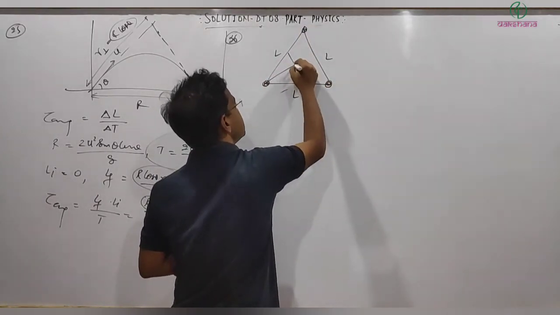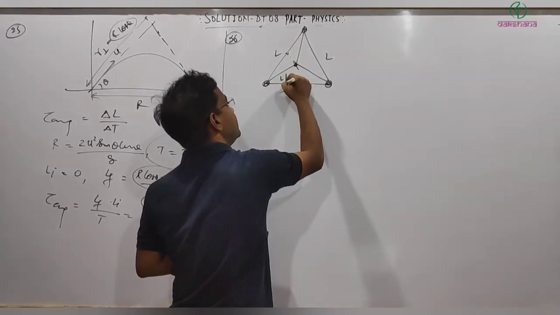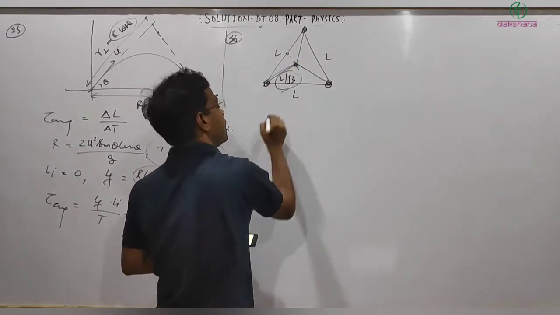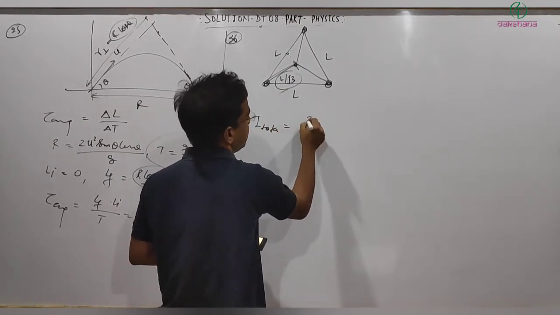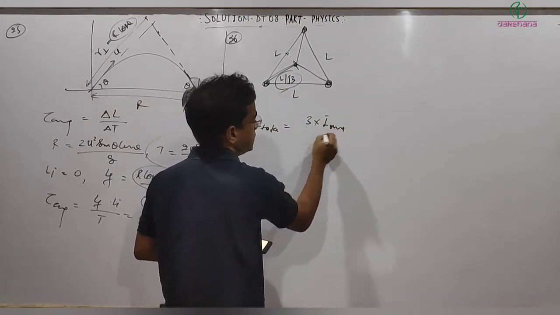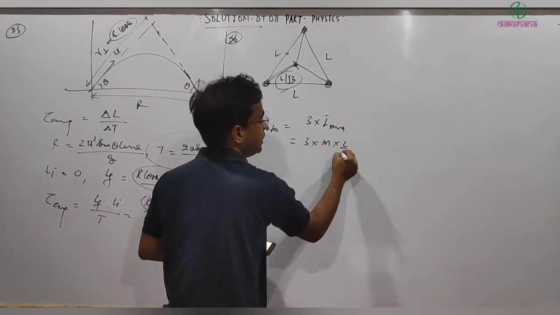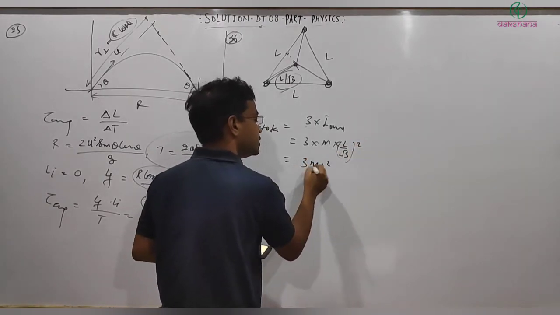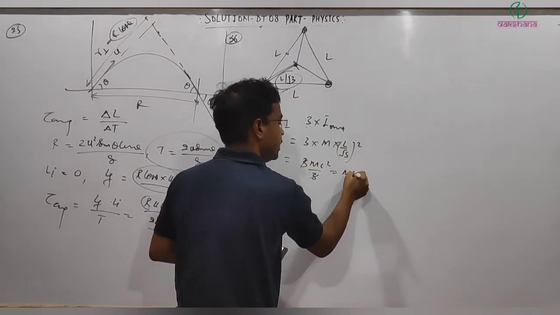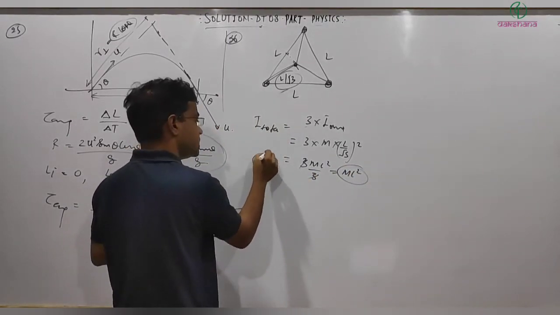So definitely this distance from the centroid will be L by root 3. Then I total will be 3 times the moment of inertia of one body, that is 3 into m into L by root 3 whole square. That comes out to be 3mL square by 3. It's coming out to be mL square. That is the answer to problem number 26, that is option 1.